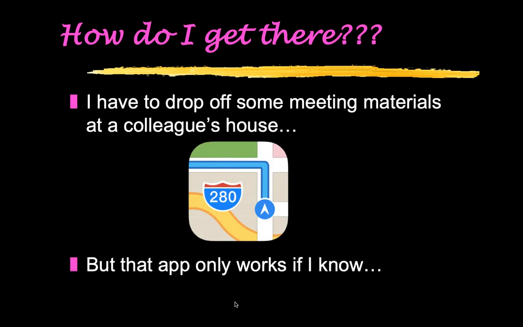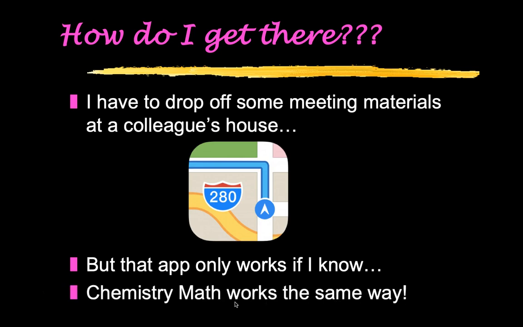I don't just hit that app and it suddenly tells me how to get to this colleague's house, right? What do I have to know? Think about it. Well, the phone has to recognize where I am, and then I have to type in an address or where I'm going, whether it's a common landmark or an intersection or an exact address, and then I have to drive there.